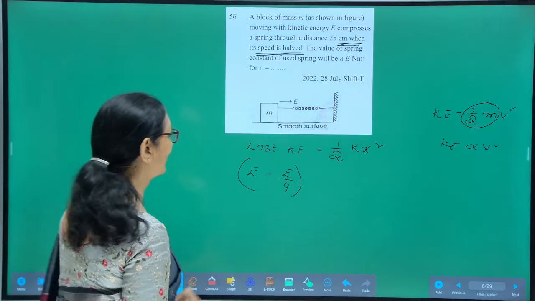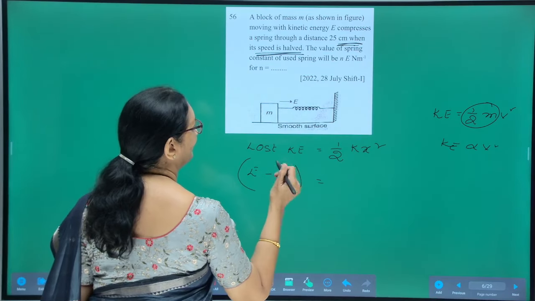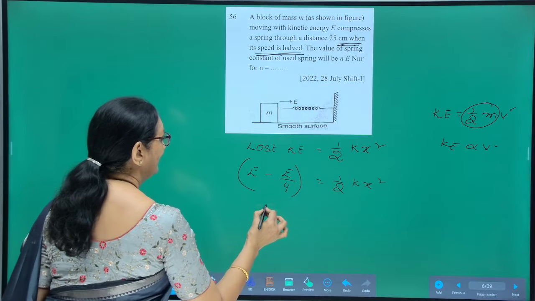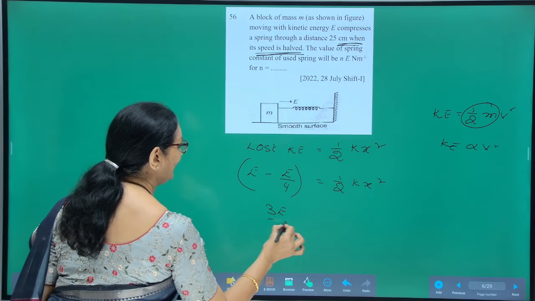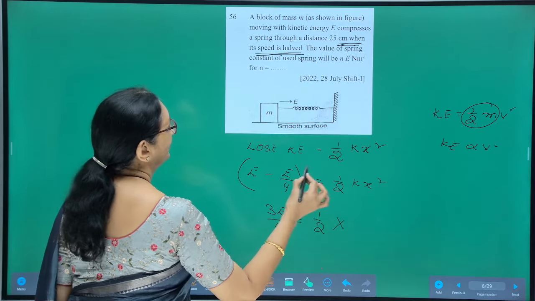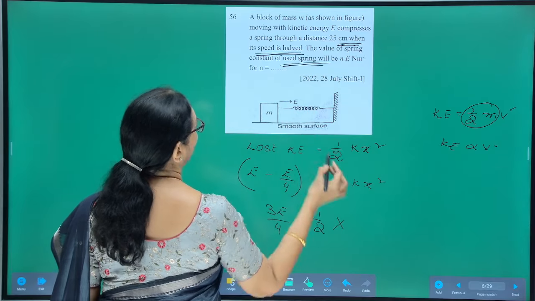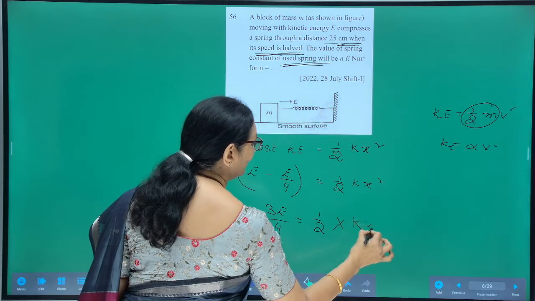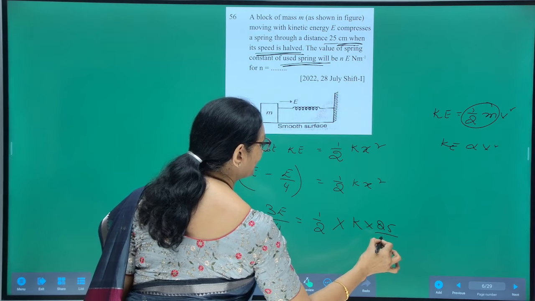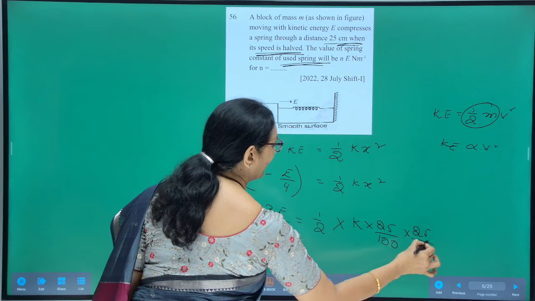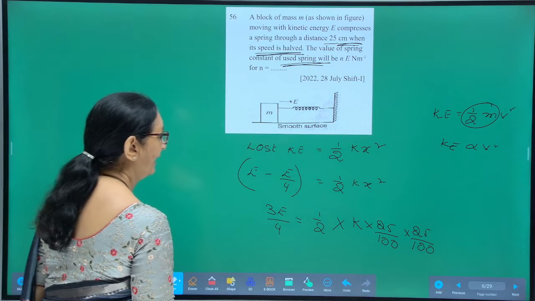So, lost kinetic energy is initial minus final, and that is equal to half k x square. E minus E by 4 is 3E by 4, this is half k x square. Now, you need to find the spring constant of the spring. x is 25 centimeters, converted into meters it is 25 by 100, so 25 by 100 into 25 by 100.